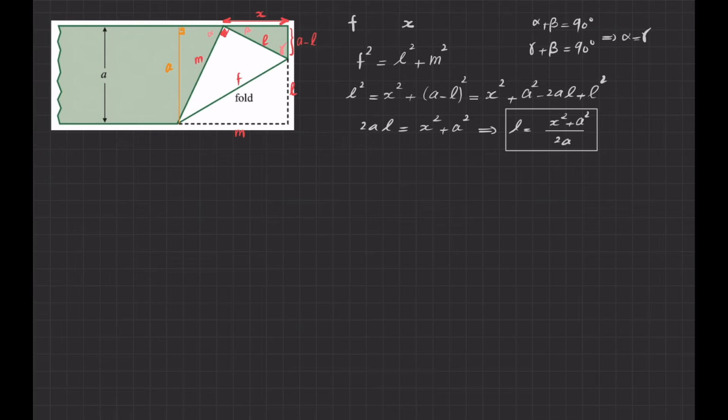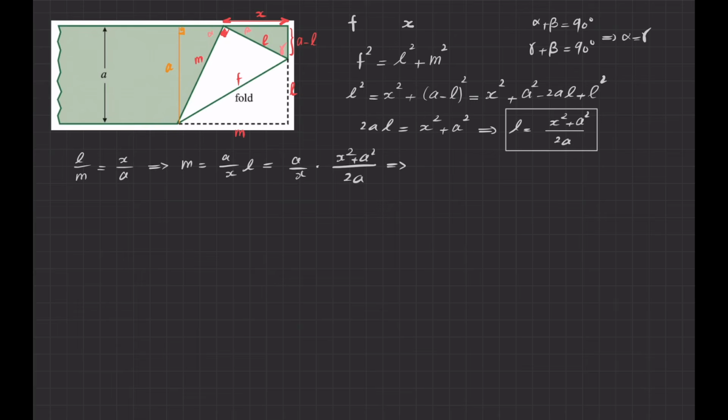So I can write L over m is equal to x over a. But now I am looking for m, so m becomes a over x times L. But of course, L is this quantity. I put it here. So this becomes a over x multiplied by x squared plus a squared over 2a.